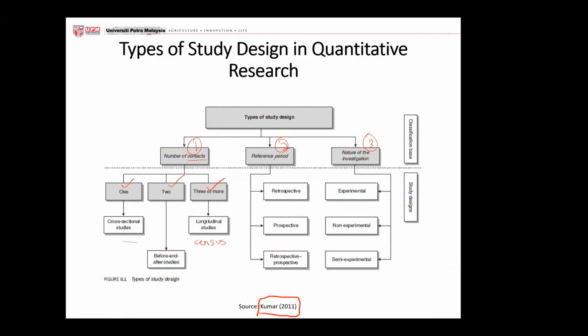Secondly is the reference period. Usually this is either retrospective, so it's something that has already happened and you want to study that in terms of case study, for example.